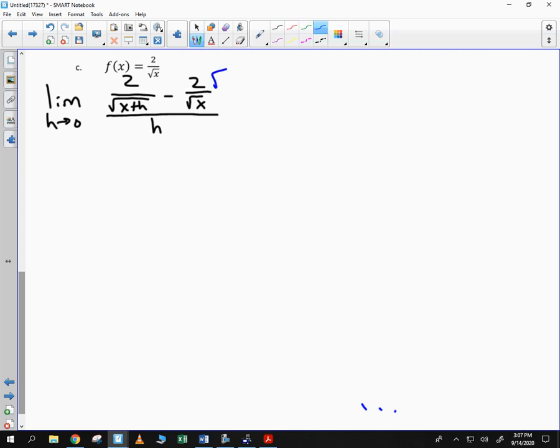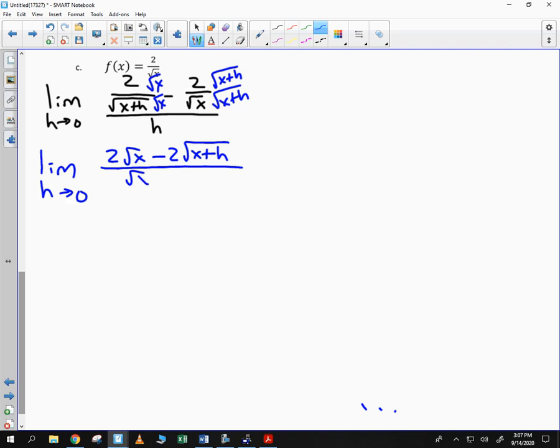So I will have the square root of x plus h, square root of x plus h, and here I'll go square root of x and the square root of x. And so now I have the limit as h goes to 0 of 2 roots of x minus 2 roots of x plus h over the root of x times the root of x plus h over h over 1.